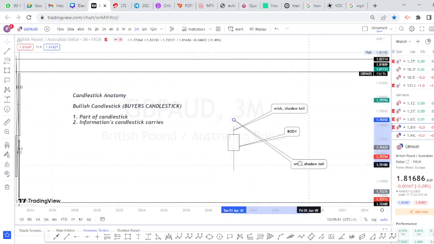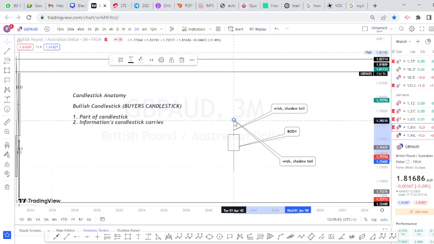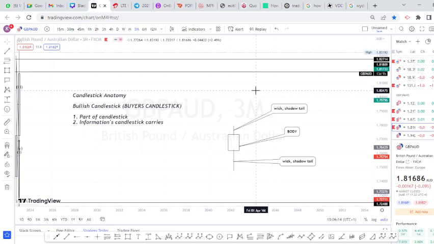So basically, the wick tells us that initially, up to that level, sellers were there. There was sellers' presence over there. But even though the sellers were there, the buyers took over. That's basically what it means whenever you see the wicks.